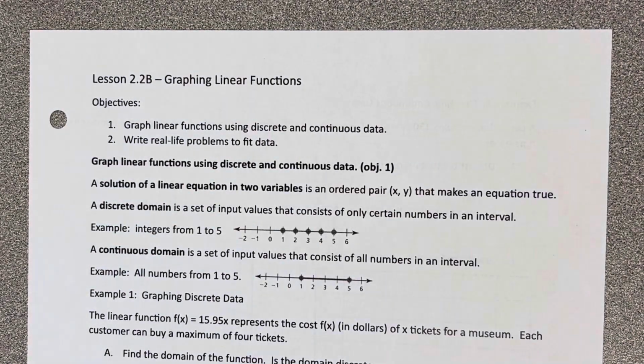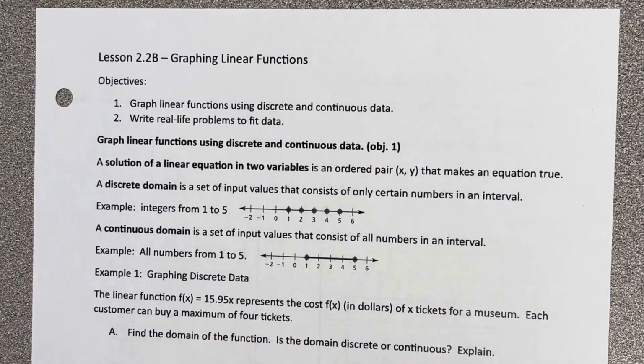But we've got different sorts of data, and it often depends on how the problem is set up, what kind of information is in the problem. So for a discrete domain, it's going to be a set of input values that consist of only certain numbers in an interval.